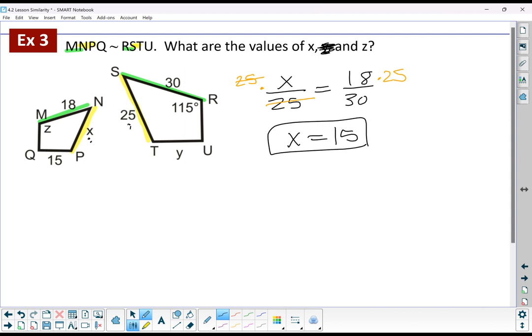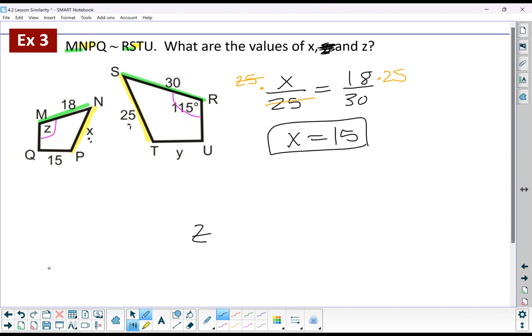Okay, we are also going to find z. So z is this angle right here. Well, please, please, please try to remember that angles in similar figures are congruent. Sometimes people will try to set up a proportion to find an angle, but angles are not scaled. Angles stay the same.